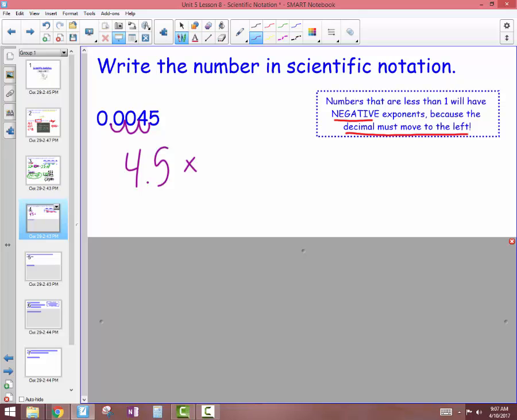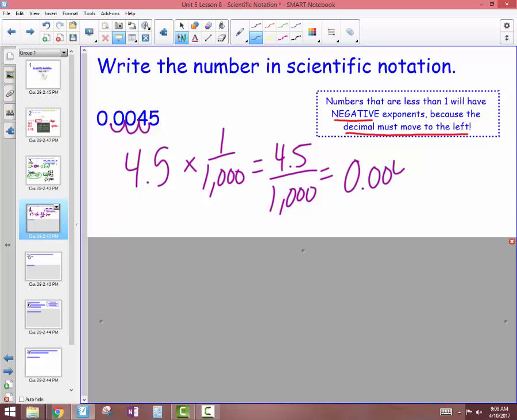I'm going to have to multiply by a fraction. In this case, I need to move it 3 places. I would multiply this by 1/1000th, because really what happens here is I'd take 4.5 divided by 1,000. And remember, when we divide by a power of 10, just like we talked about earlier, it's just going to move the decimal. In this case, it's going to move it 3 places to the left, and I'd have 0.0045.